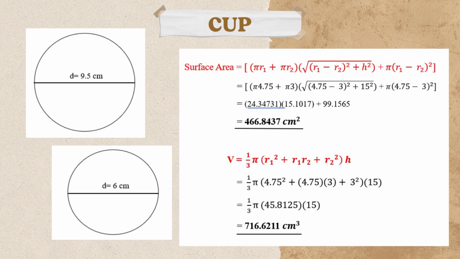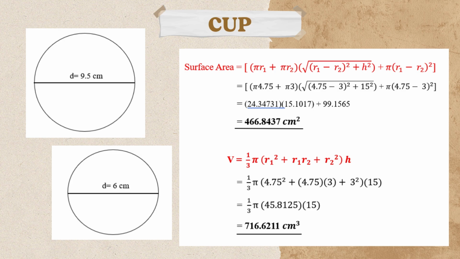Now for its surface area, using the formula open bracket pi times r1 plus pi times r2 close bracket times open bracket square root of open bracket r1 minus r2 close bracket squared plus h squared close bracket plus pi open bracket r1 squared plus r2 squared close bracket, and substituting the given information, we can easily find it.